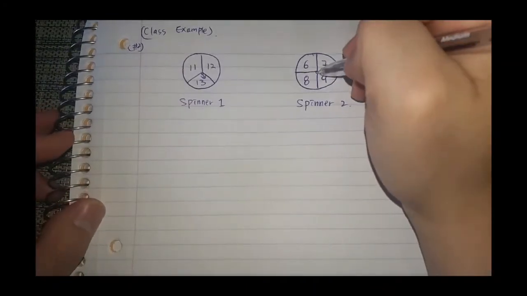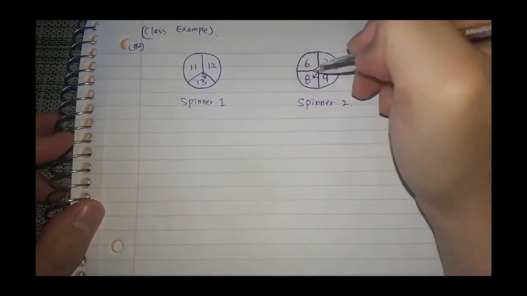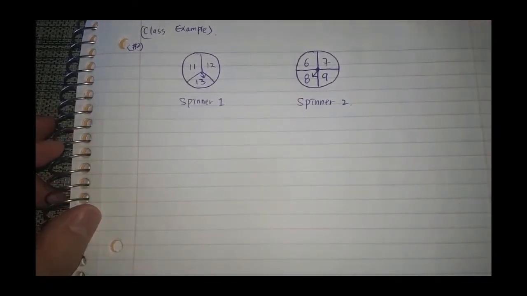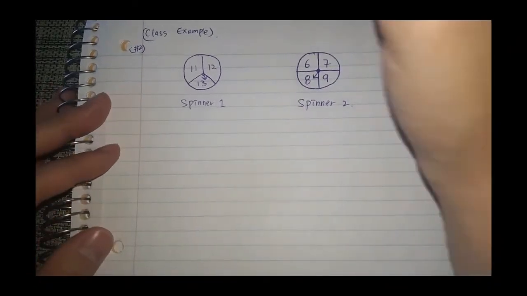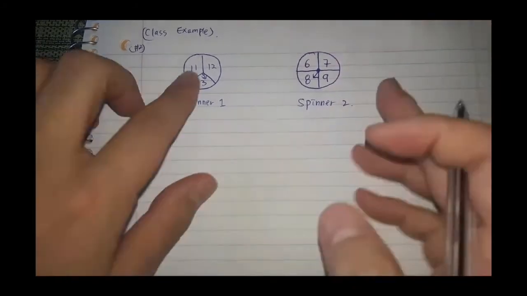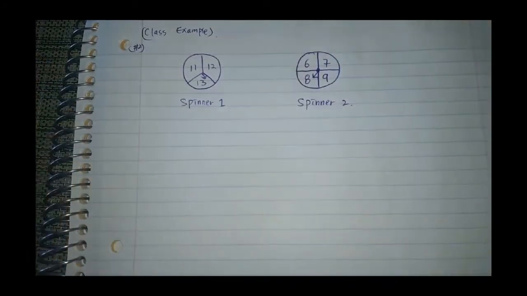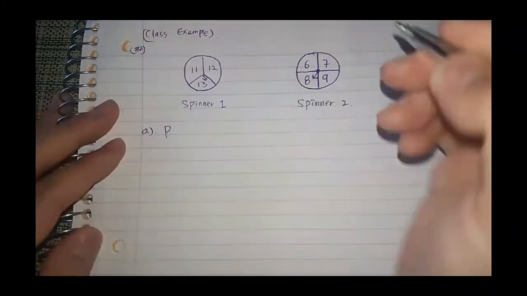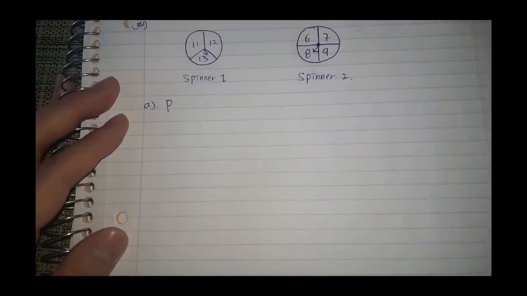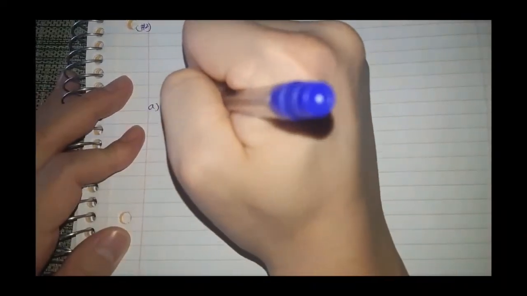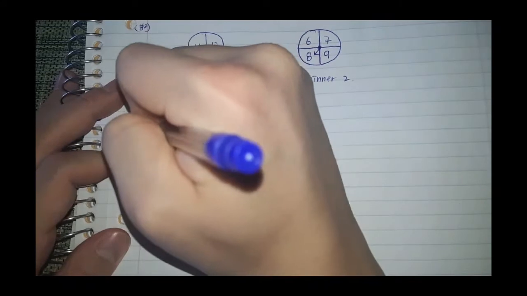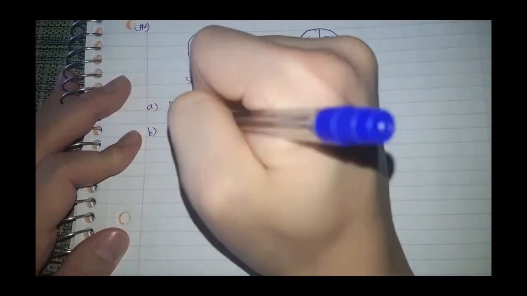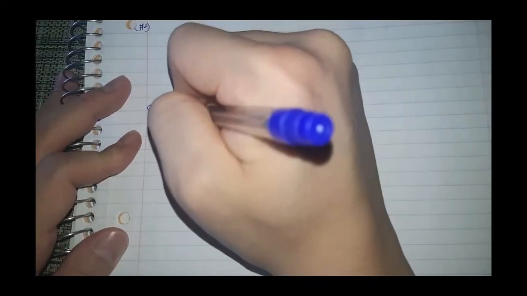And you have another arrow that you can spin. So imagine you have spinner 1 and spinner 2, and you're spinning them at the same time. And we're trying to find out the probability of having an even number. B, probability of having an even number for both.